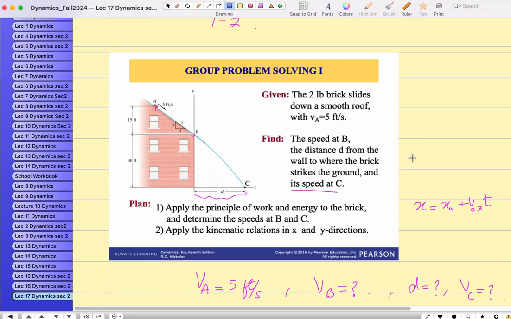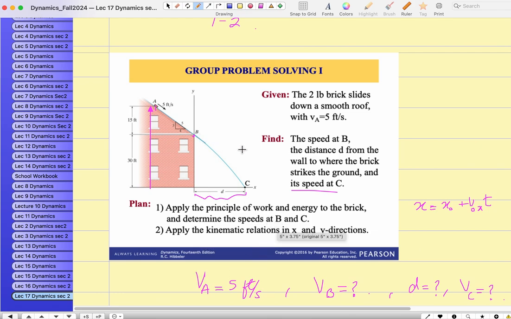The 2-pound brick slides down a smooth roof with a velocity v sub A given in this direction, and the total height, if you see from here to this brick, is 30 plus 15.